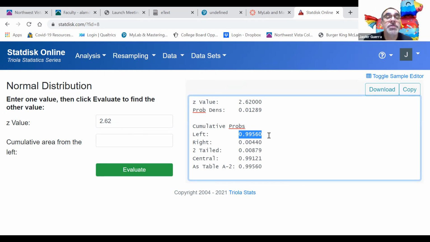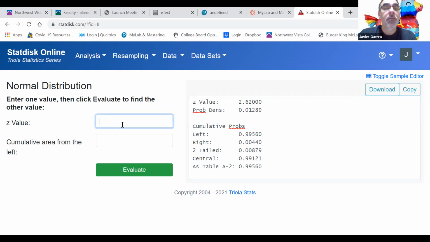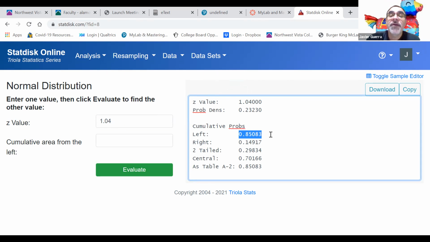Okay, now I have to enter the 1.04. Hit it a couple of times. All right, I want the left. There's my left. 0.8508.